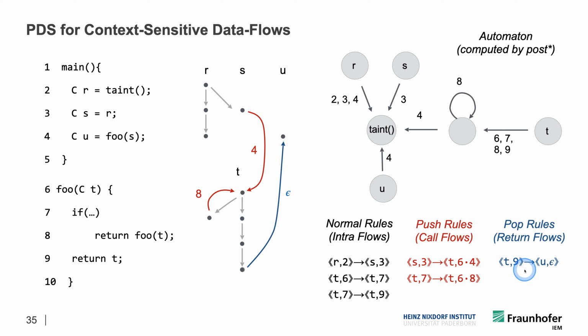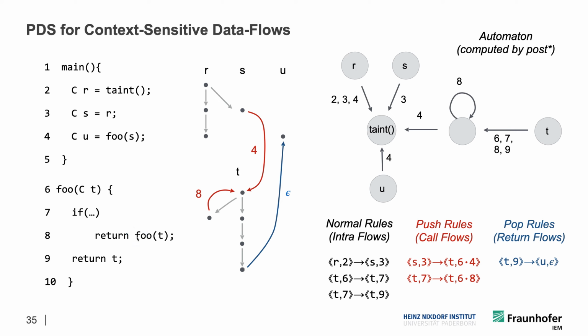We're actually missing a pop rule here. I'm just noticing you would actually also have a pop rule from t at line 9 to t itself, because we could also be returning to this location here, right, when we have a recursive call. So basically, you need different pop rules for different call sites.